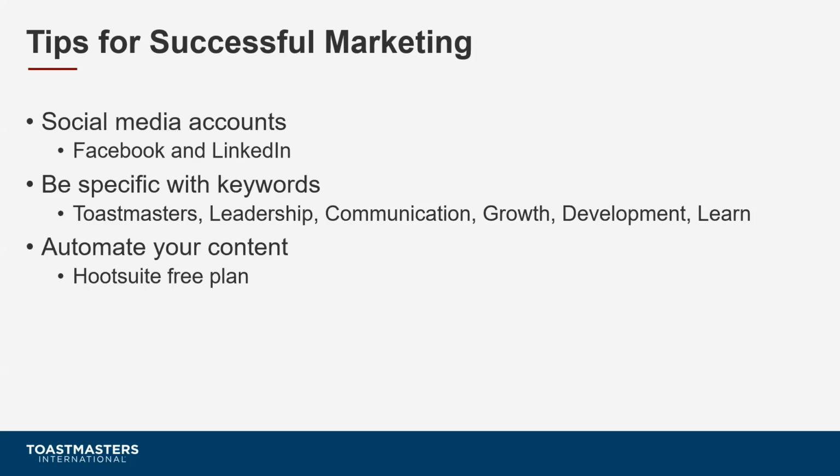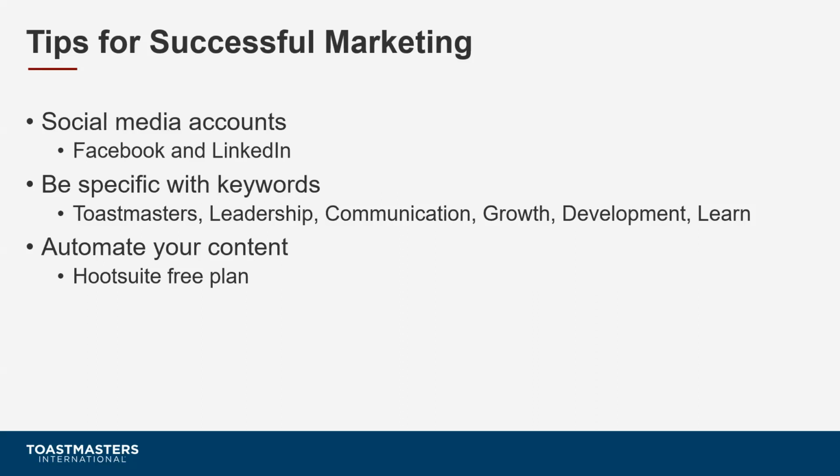Automate your content. There are a lot of automation platforms out there that will help you. You're making a plan, which means it's predictable, right? You know that 3 months from now, your plan is to communicate about whatever the topic is that you chose for 3 months from now.